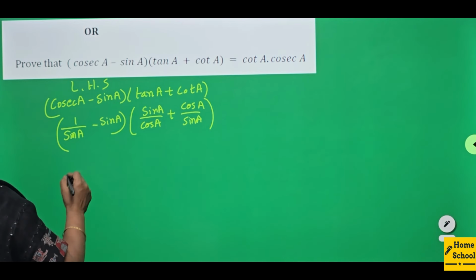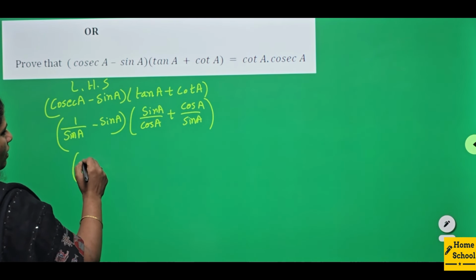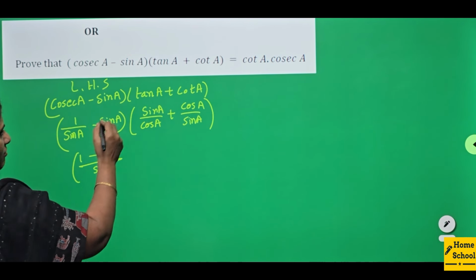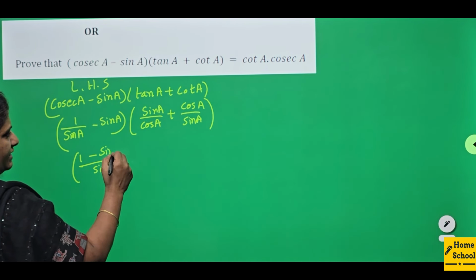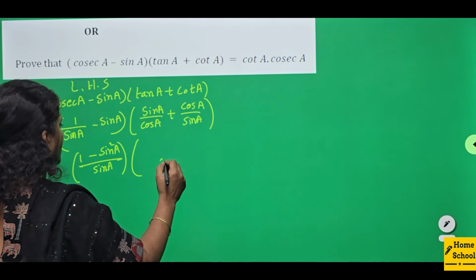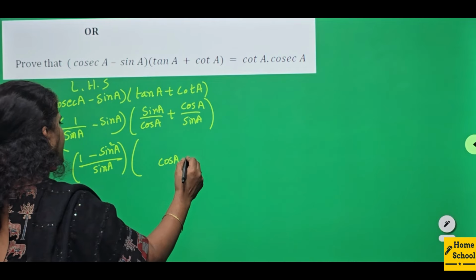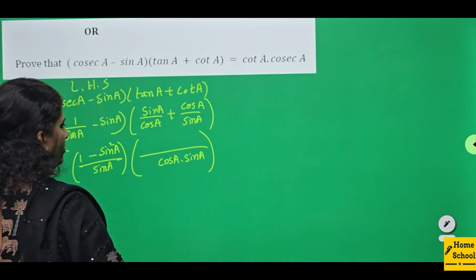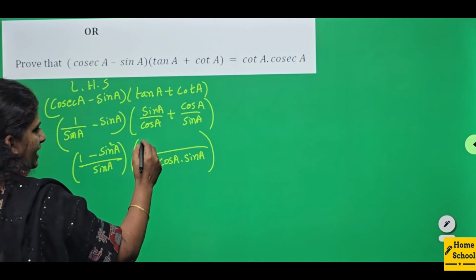Okay. Now do LCM. 1 minus sin A, multiply here, that will be sin square A. And do LCM here, cos A into sin A. Numerator, what happened here? Cos A there, sin A multiply.